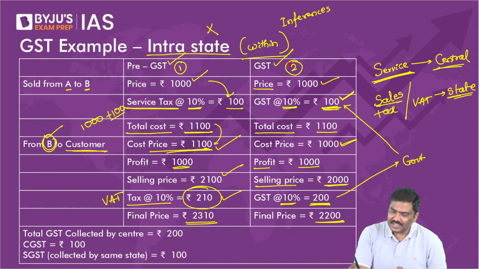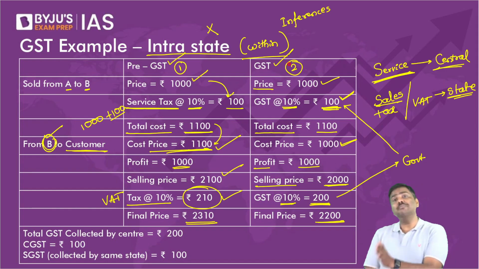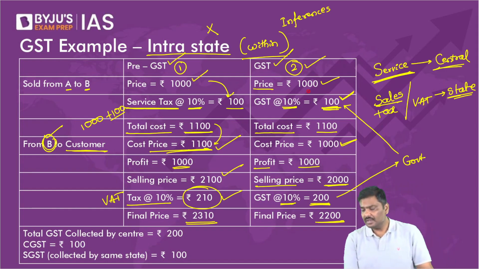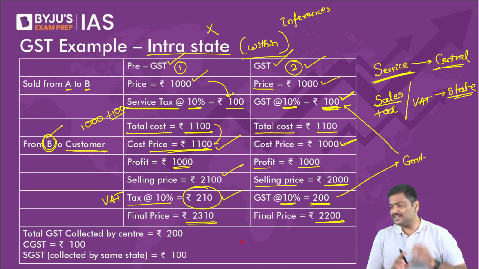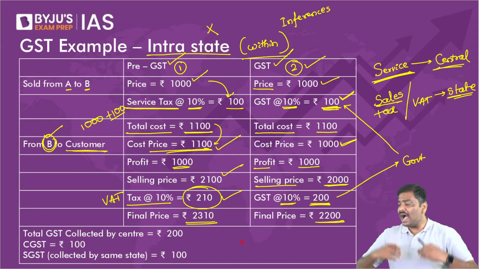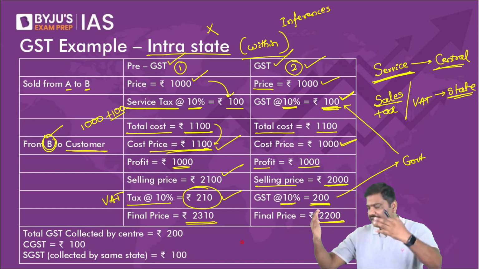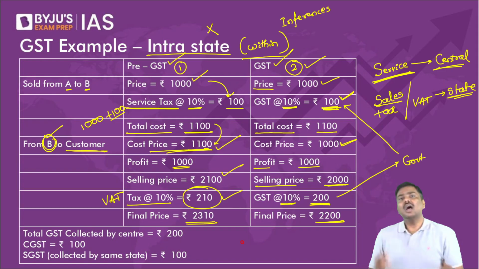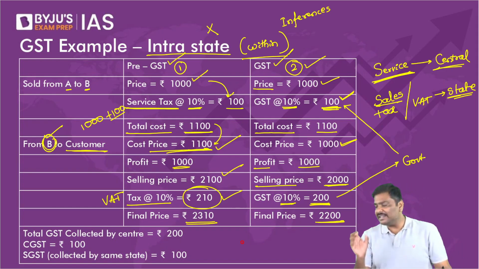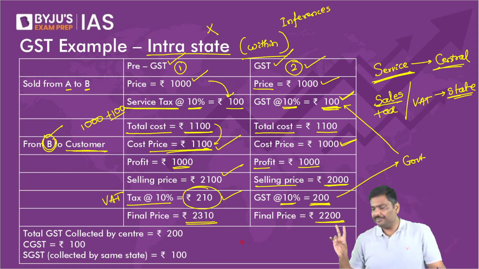Now tell me, can I say GST is a much better system compared to the earlier system? Let me know. Now please tell me, after giving input tax credit, I repeat, after giving input tax credit, how much is the taxes collected by the government in the second example?